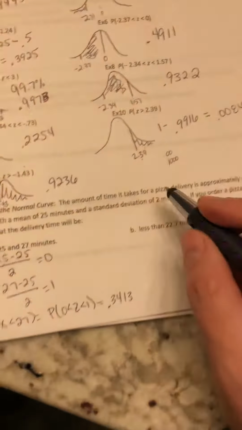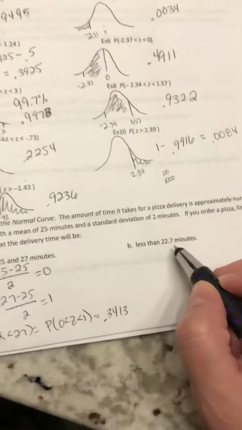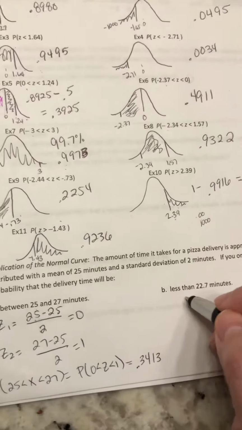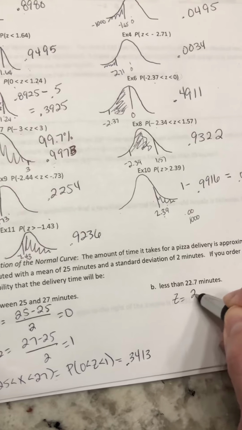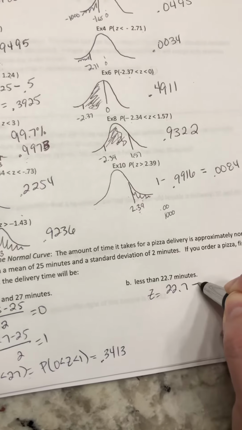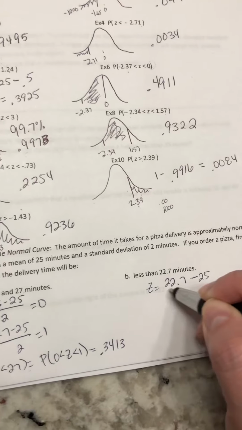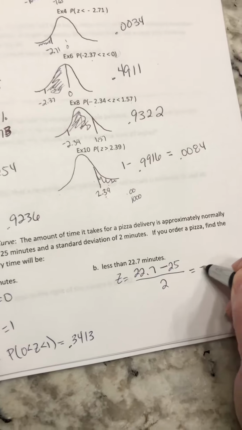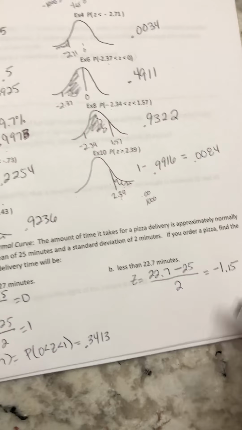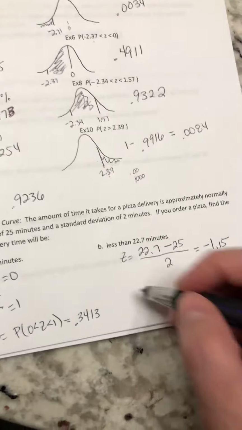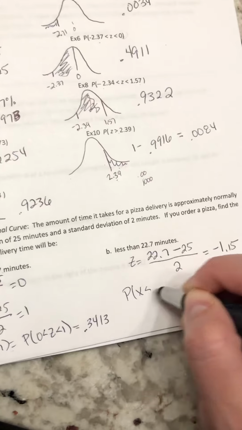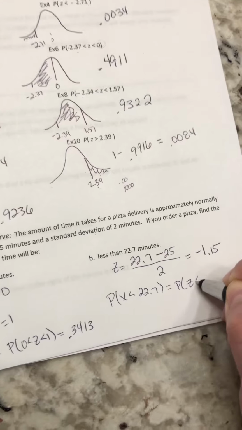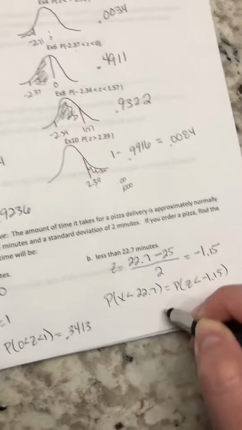If we want the probability that it'll be less than 22.7 minutes, we find our z. We take our data value, 22.7, minus the mean of 25, divided by the standard deviation of 2, and remember for z, you always round to 2 decimals, so negative 1.15. So the probability that x is less than 22.7 is the equivalent of z being less than negative 1.15.